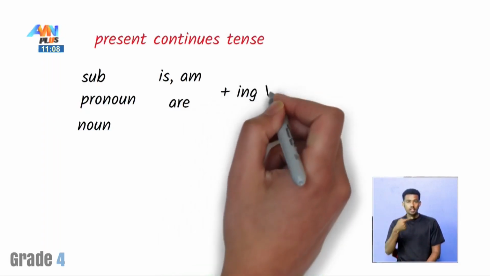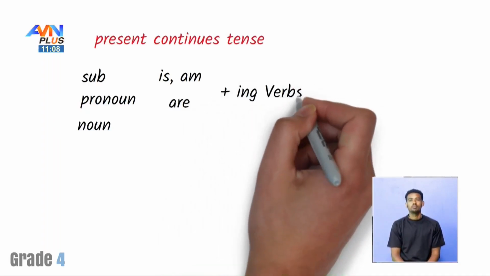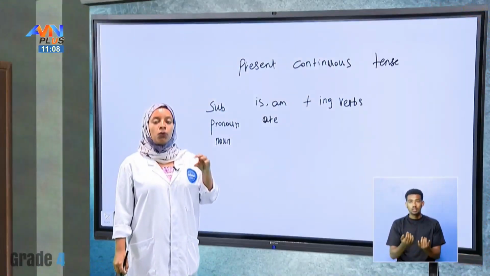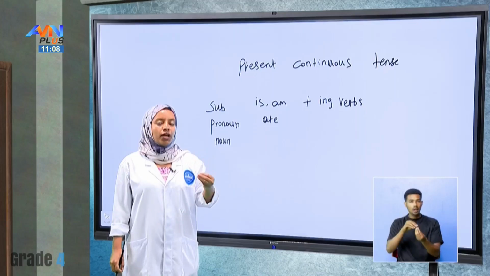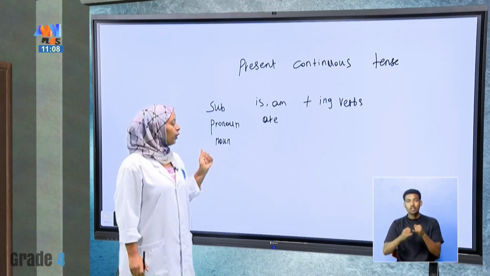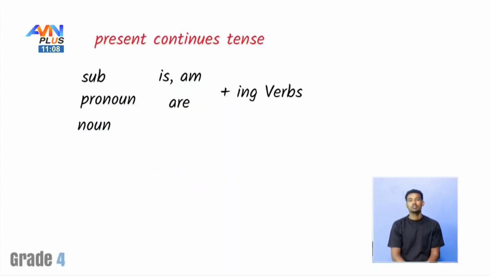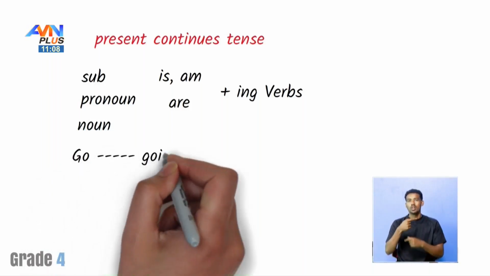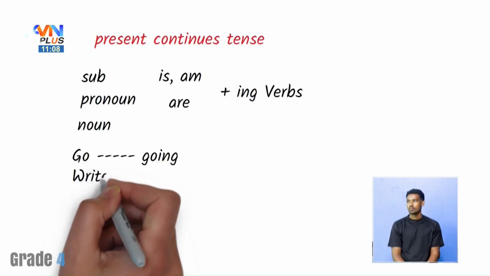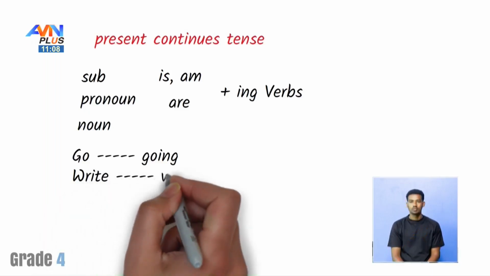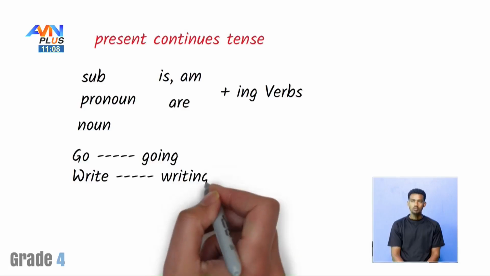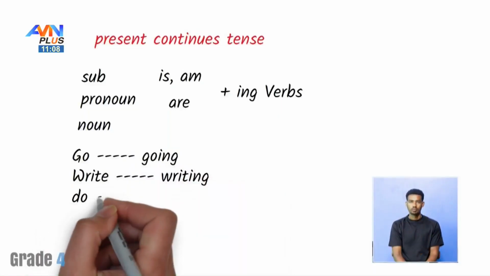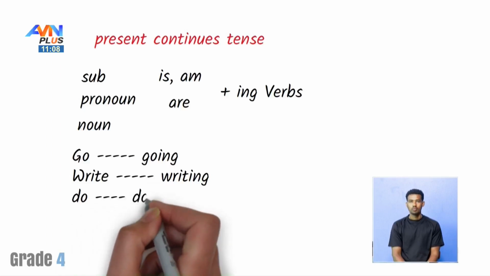ing verbs. So when we come to a main verb, you can add ing at the end of the verb. For example, go becomes going. Write becomes writing. Even helping verbs like do change to doing.